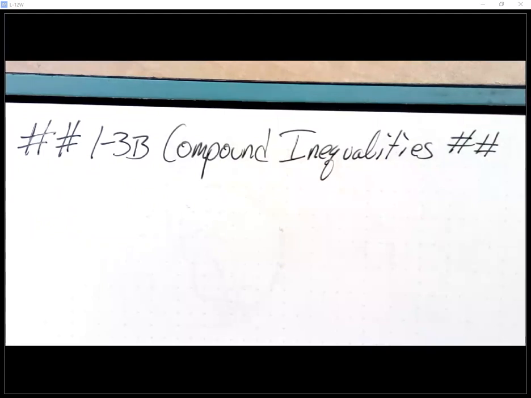There are two types of compound inequalities. We call them ands and ors. One of them has an and in it, one of them has an or in it. So I'm going to start off with the ands. We'll talk about those for a bit, and then we'll go back and talk about the ors.